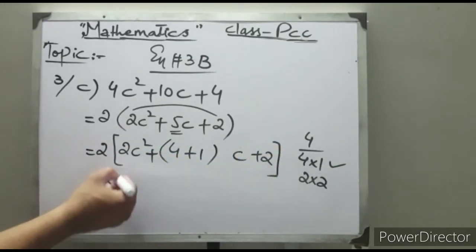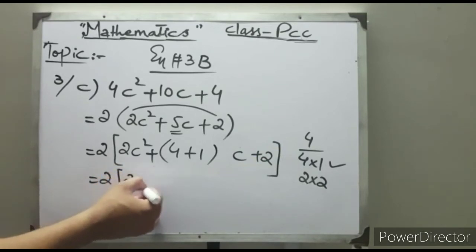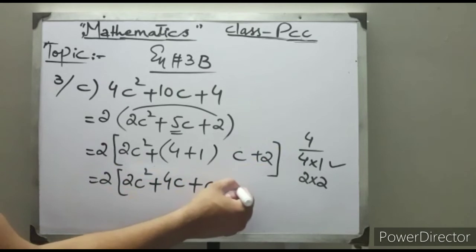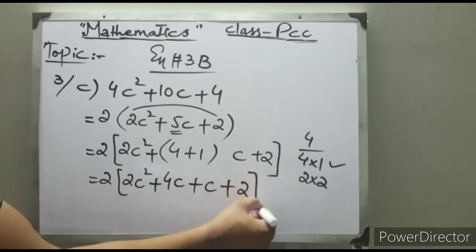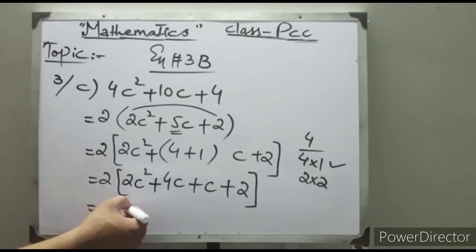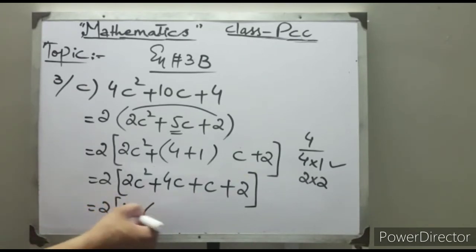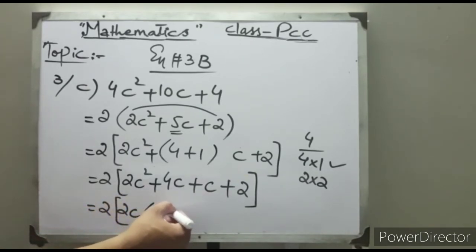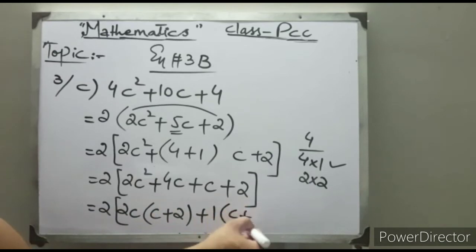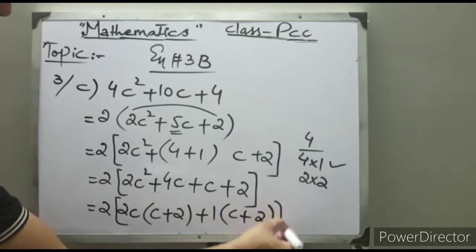We have 2c square plus 4c plus c plus 2. In the first two values you can see we have 2c common. Remaining values will be c plus 2. And in the last two values there is nothing common but 1.